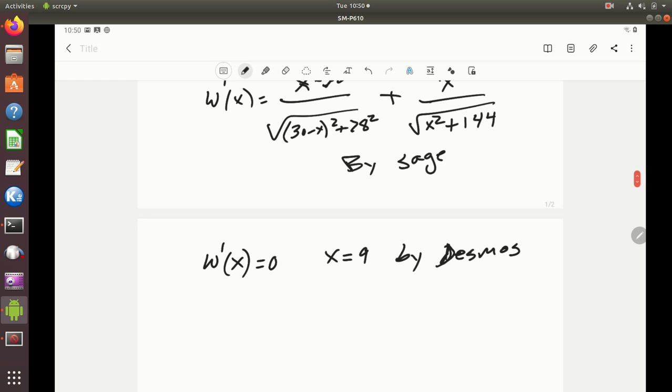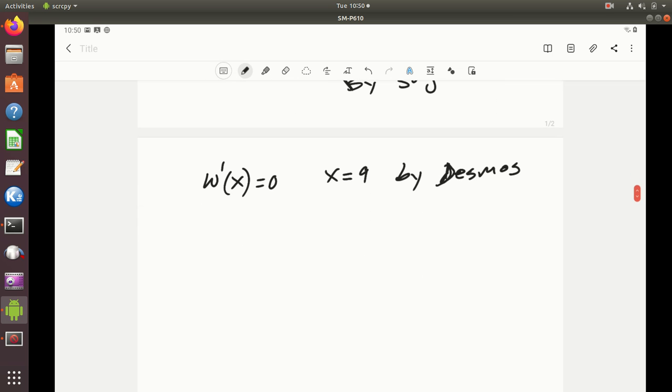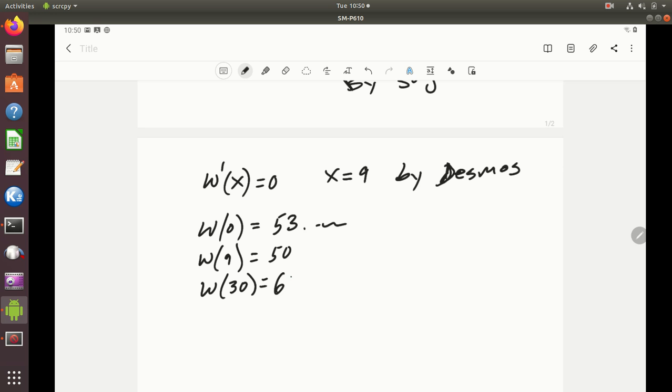You've seen the picture, and then I could do W of 0 equals 53 point something or other. W of 9 equals 50, and W of 30 equals, what was that, 60 point something or other.